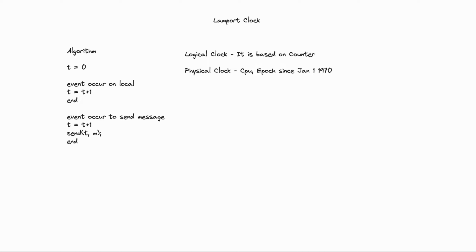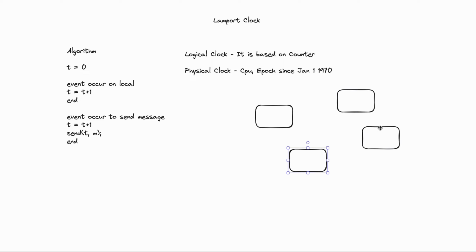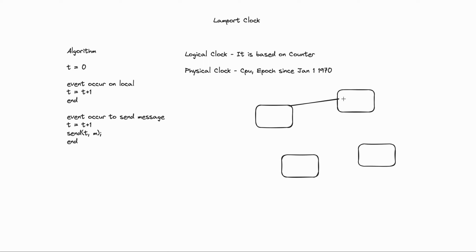For example, here we are going to see a diagram. In this example we have four machines connected, which is called a simple distributed system. The client sends a message to this machine.